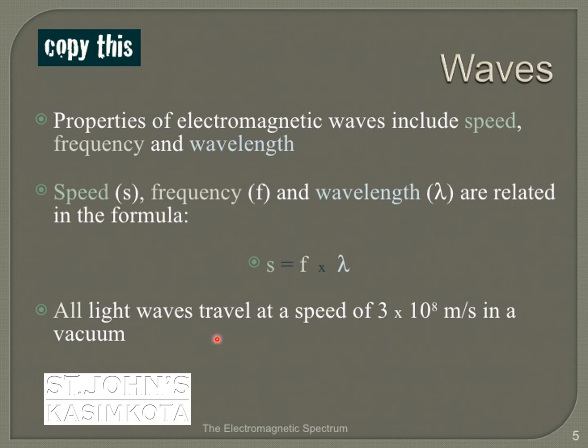All the light waves travel at a speed of 3 into 10 to the power of 8 meters per second in vacuum. Using the above formula, speed is equal to frequency into wavelength, and the speed of light waves was observed to be 3 into 10 to the power of 8 meters per second, which means C, that is the velocity, can be calculated using the formula nu into lambda.